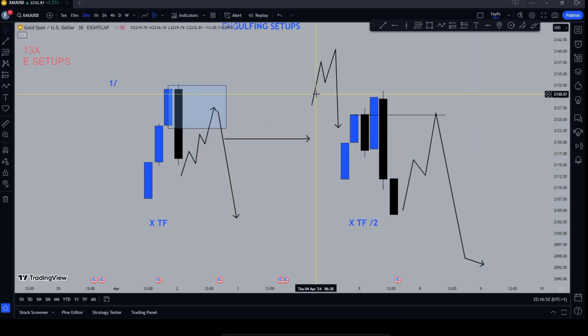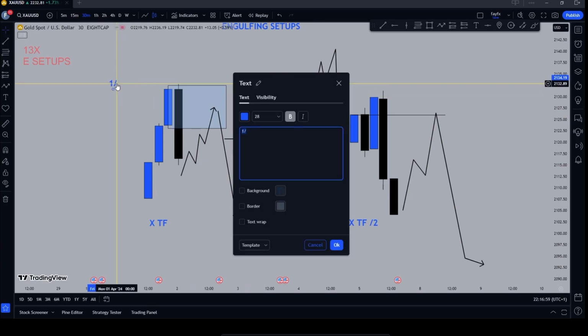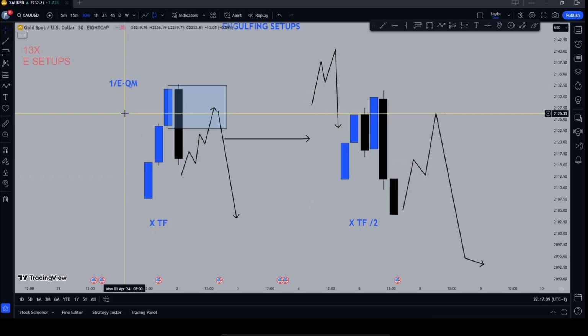This is the first engulfing candle setup that we are going to use. Remember, we only use fresh engulfing candles. We are not concerned by unfresh engulfing candles. The first one is engulfing QM.